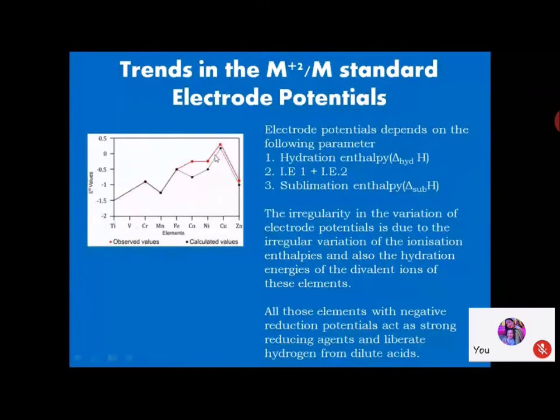I have explained why copper is positive. Now the question is why these three elements have a more negative standard electrode potential than the expected one.